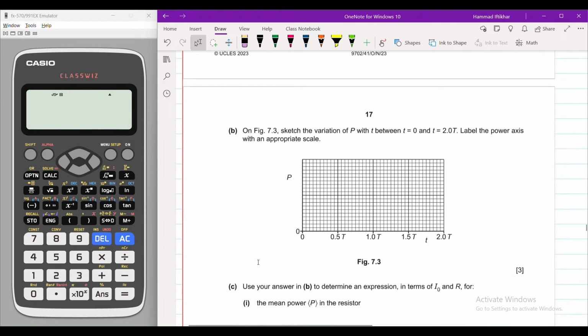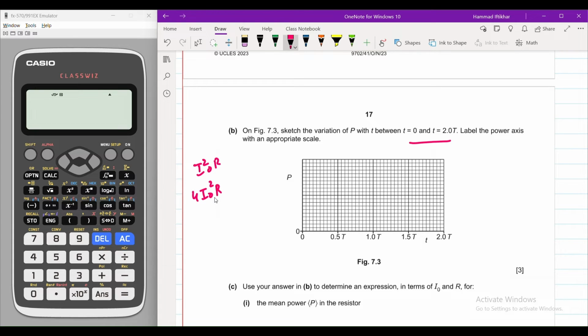Okay, so on figure 7.3, sketch the variation of P with t between t equals 0 and t equals 2T. Label the power axis with an appropriate scale. Okay, all right. So in the negative cycle, the power dissipation is I naught squared R, and in the positive cycle, we have 4 times that.